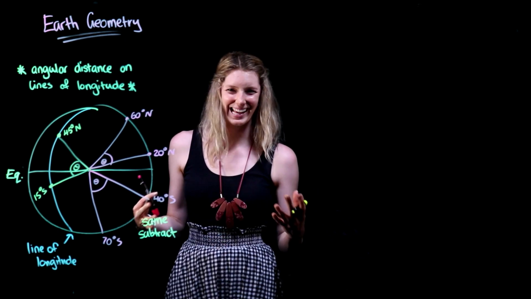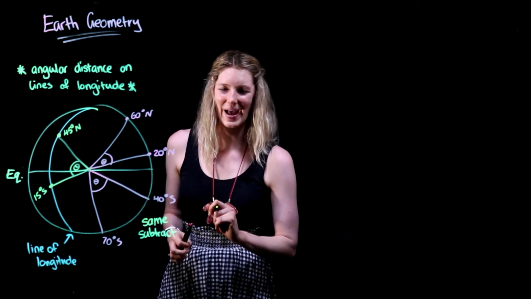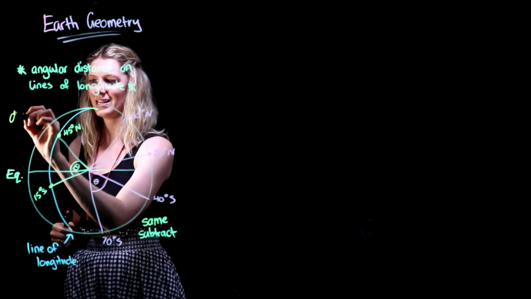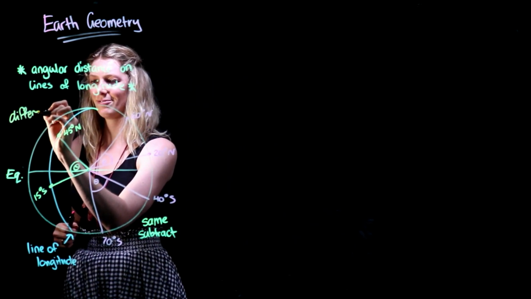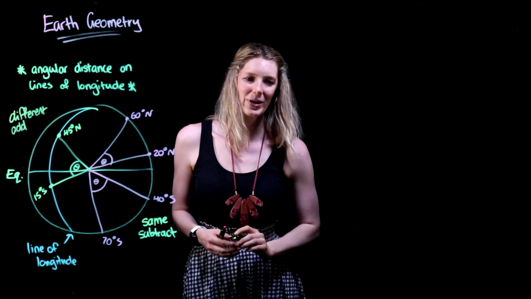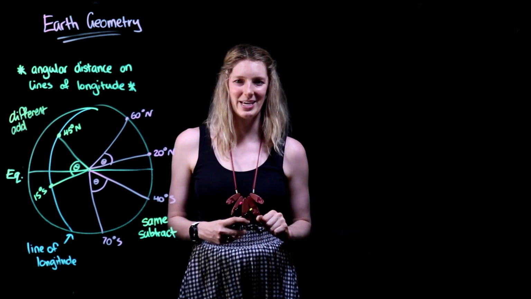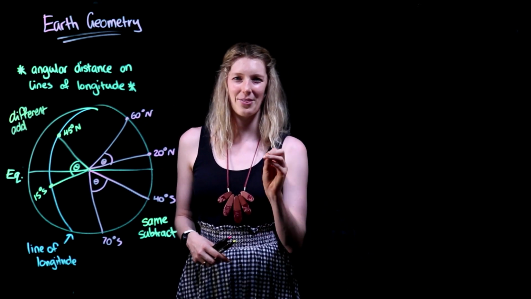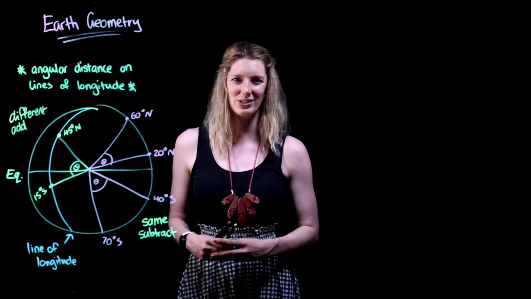Now, we don't have as nice a way to remember adding in comparison to same, subtract, but essentially if they are different, we add them. So we are going to use this concept here to help us calculate the angular distance between three different locations.